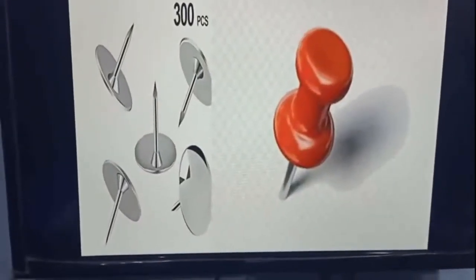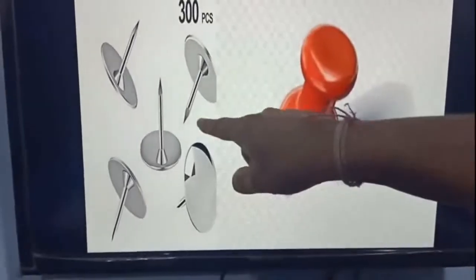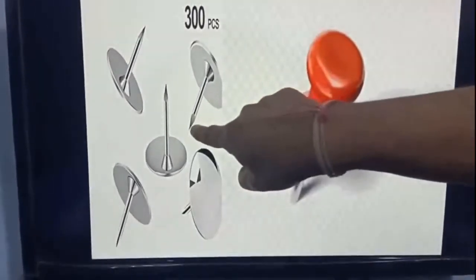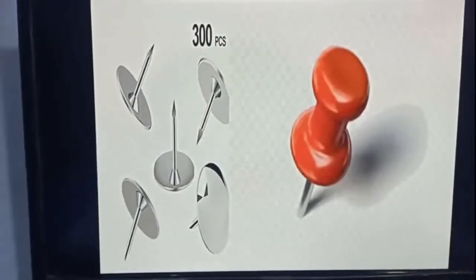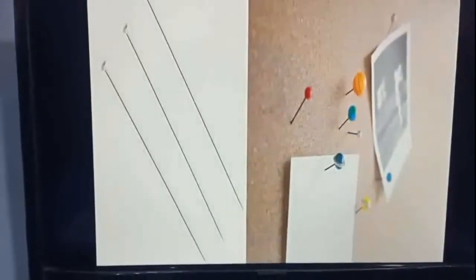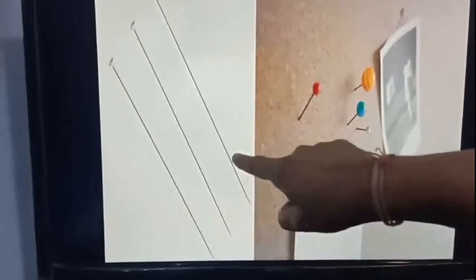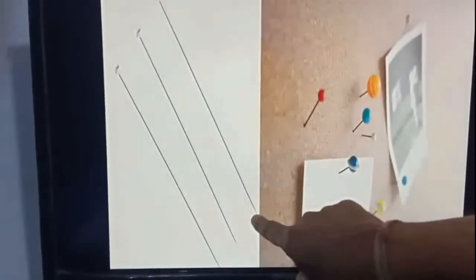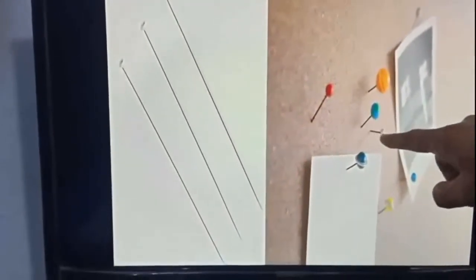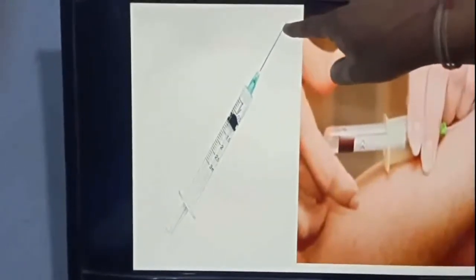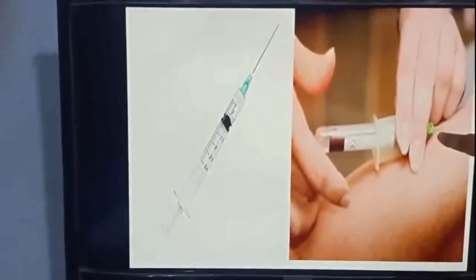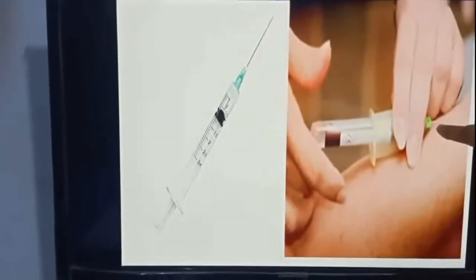Other examples: we observe that drawing pins have sharp points, so they easily insert into the drawing board. Paper pins have sharp points, so they easily insert into the given object. And also we observe that a syringe has a sharp point, so it easily inserts into the patient's body.